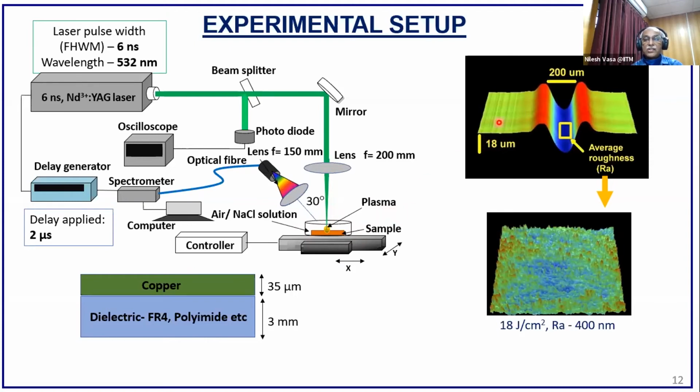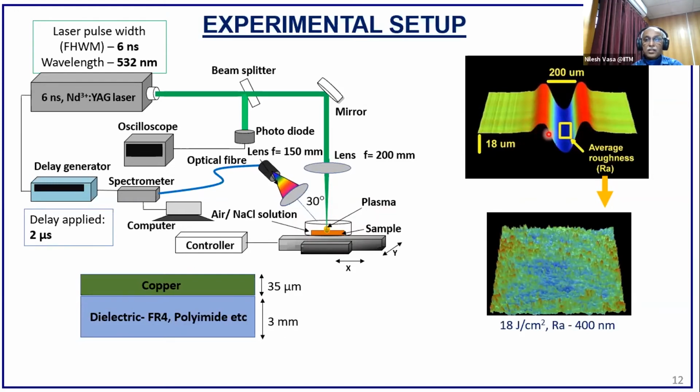This is just one view graph which shows how the laser ablated film looks when we do line scribing, and we can see that this copper film is getting ablated here.